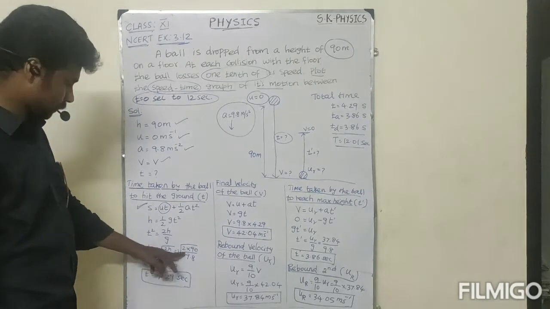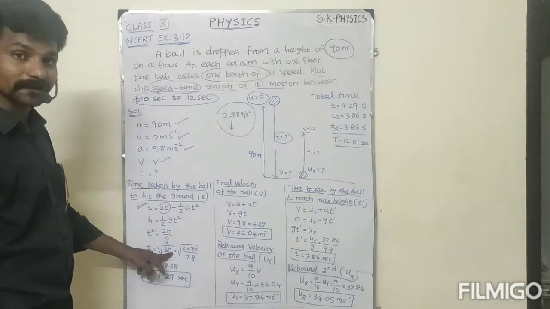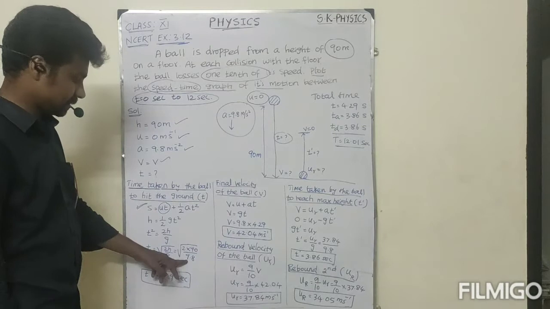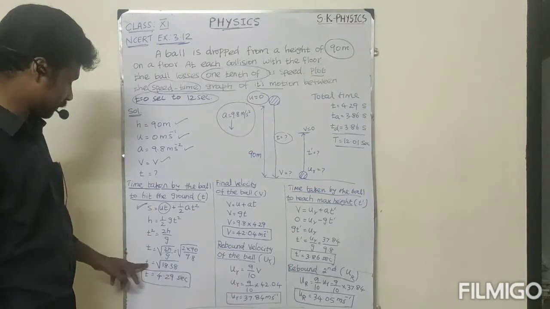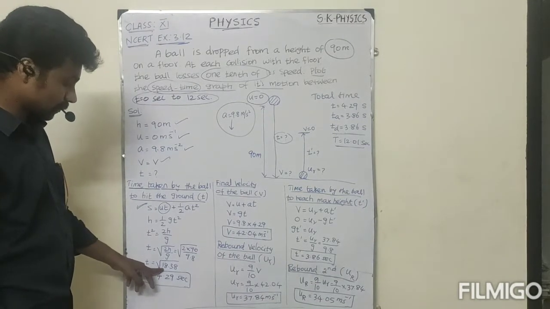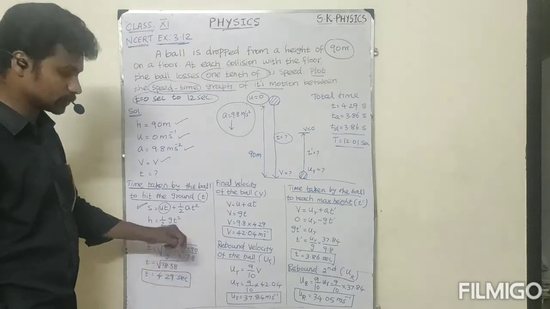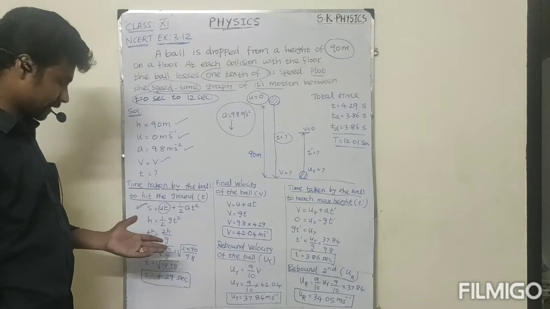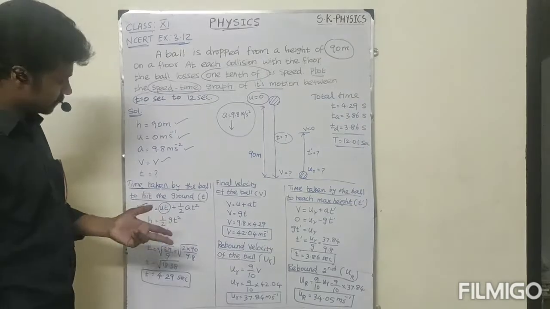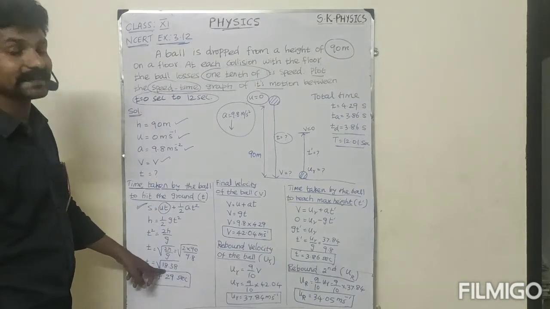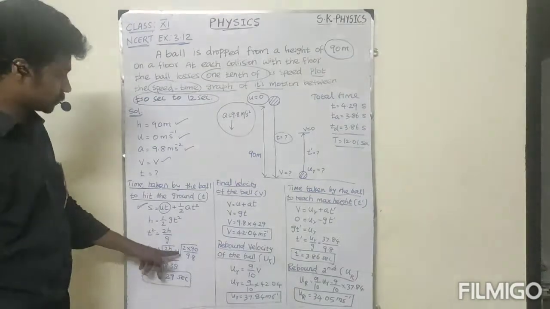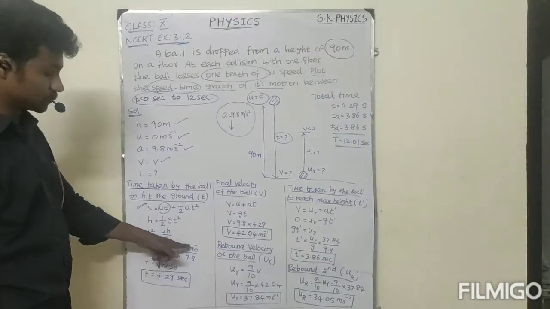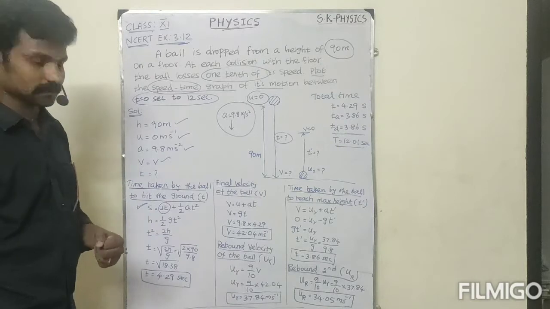So t equals square root of 2 into height value 90 divided by g value 9.8. So 2 into 90 is 180. 180 divided by 10 means 18, divided by 9.8 means 18.38 will come. If it is difficult to calculate, you can take log also.